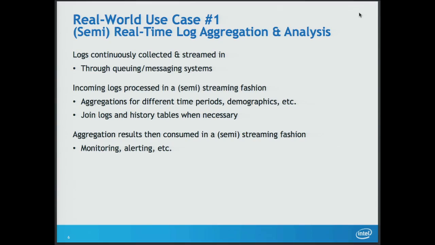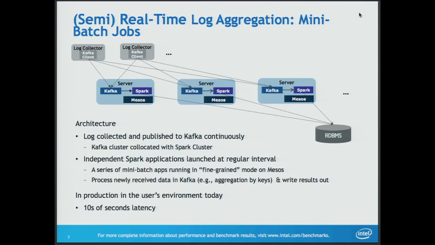It typically performs various aggregations along different dimensions, such as time period, demographic, and so on. When necessary, you will join the real-time log with history data. The aggregation result will be consumed in a semi-online fashion for monitoring, alerting, and so on. This is a real application we have built for one of our users.